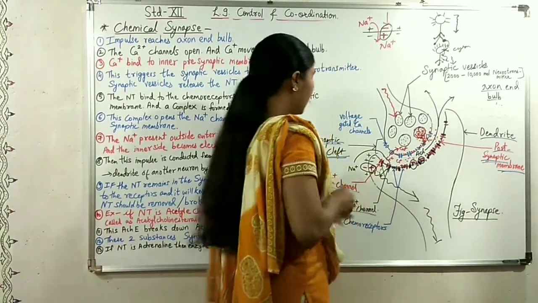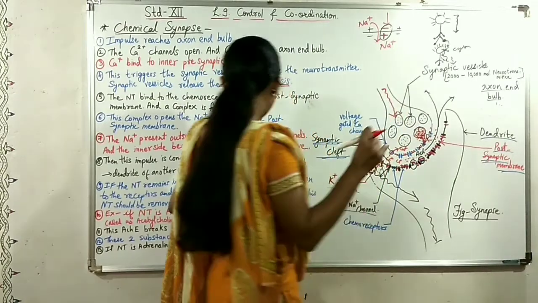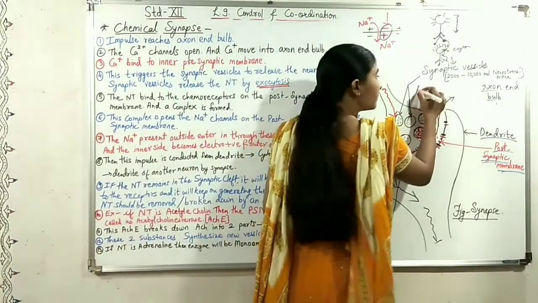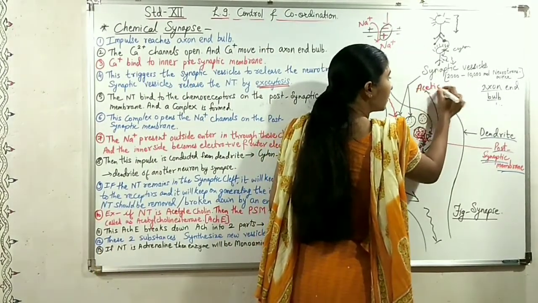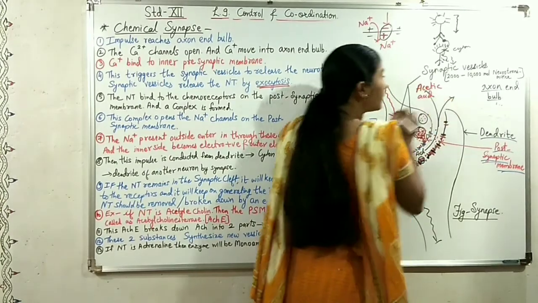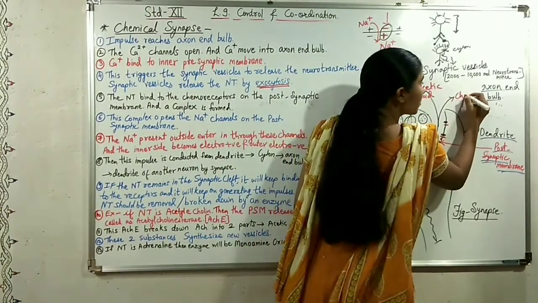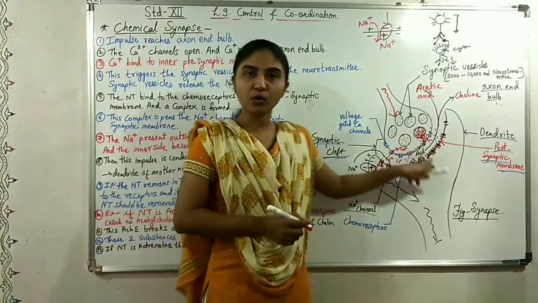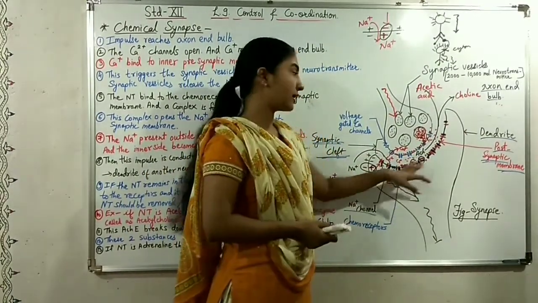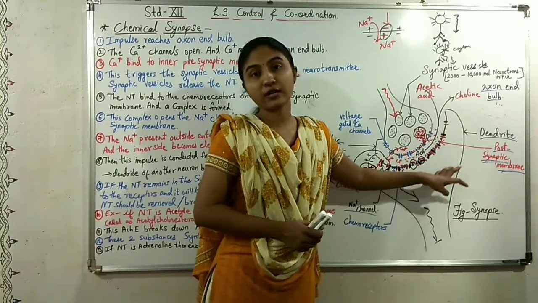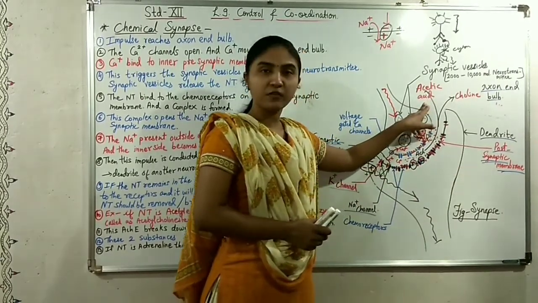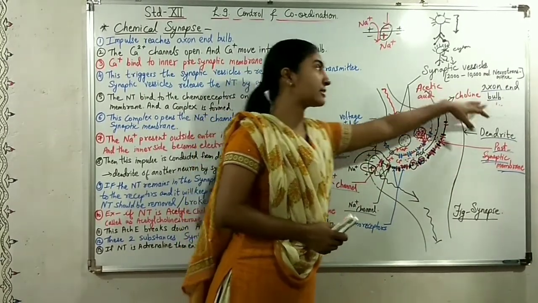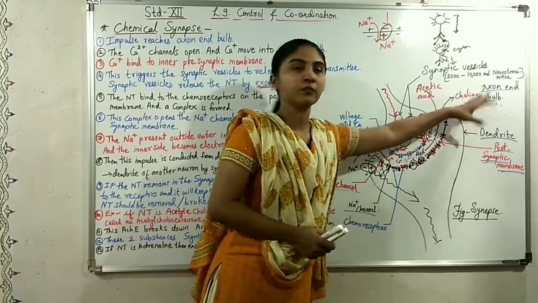One is acetic acid, and the other substance is choline. So this acetylcholine is broken down into two substances by the acetylcholine esterase enzyme. The first substance is acetic acid and the second substance is choline.